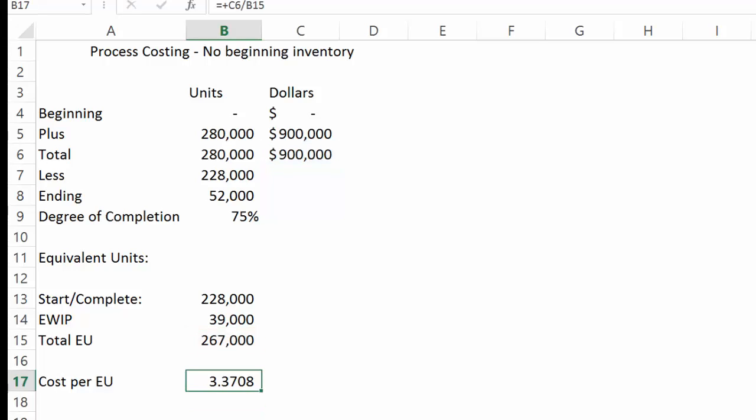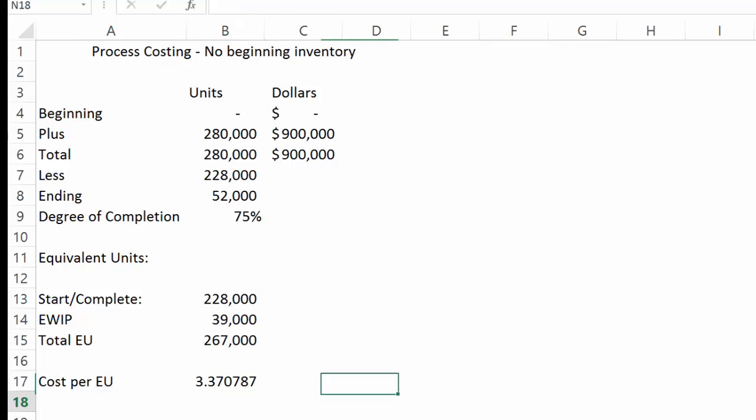If you are doing this by hand, make sure you take it out at least 6 decimal places in your calculator, because if you don't, you are going to have some rounding errors. Of course, if you're doing it in Excel, it doesn't matter how many decimals we display. Excel uses all of them out to many decimals, even if it's not showing on the screen.